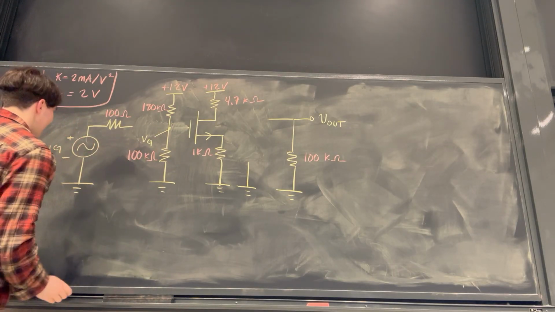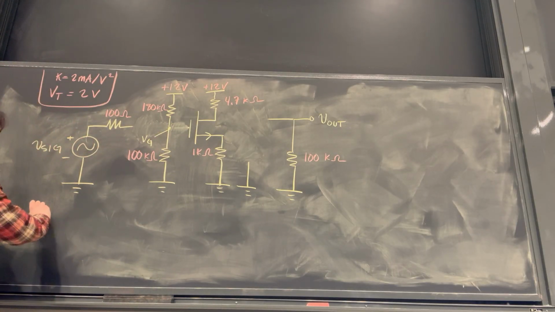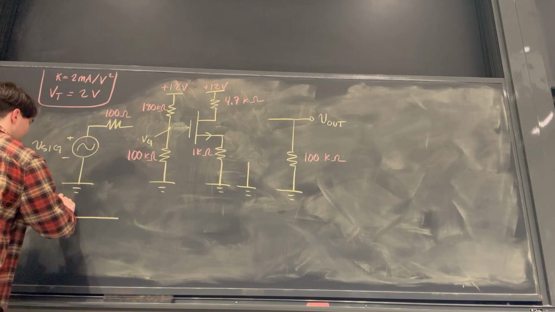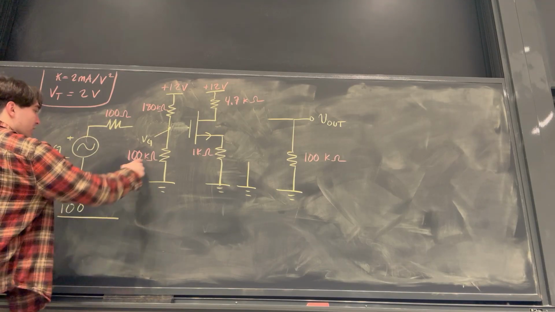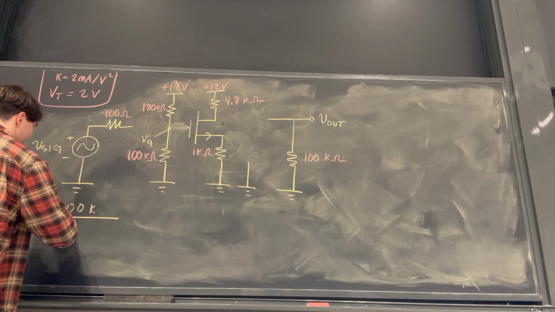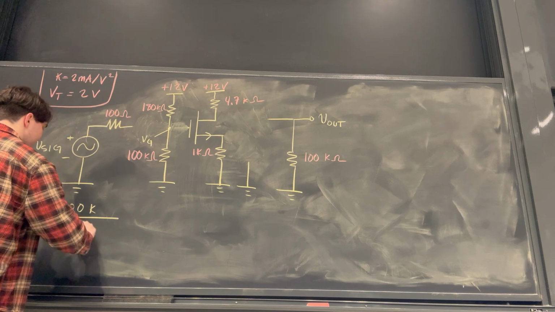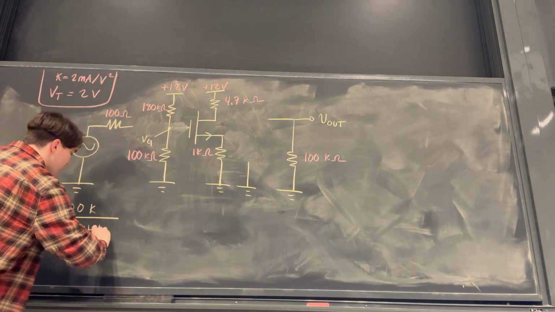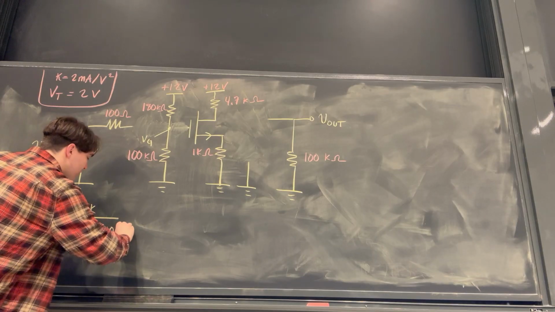This voltage at the gate can be found simply through the standard voltage divider equation. The voltage at the gate is going to equal 100 kiloohms divided by 100 kiloohms plus the resistance here, which is 180 kiloohms.